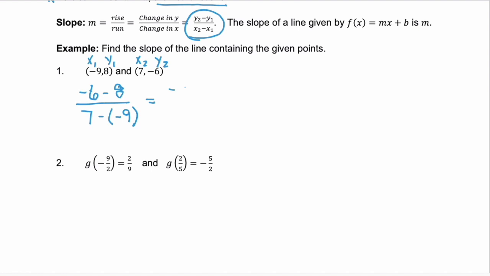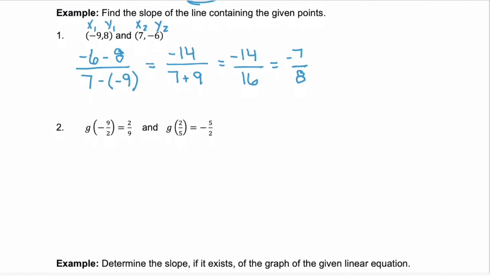The numerator is negative 14, and the denominator is 7 plus 9, or we have negative 14 over 16. And this simplifies to negative 7/8. So the slope of the line that contains these 2 points is negative 7/8.